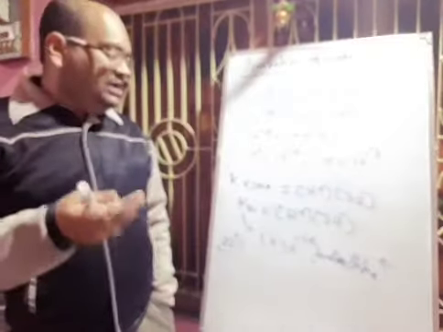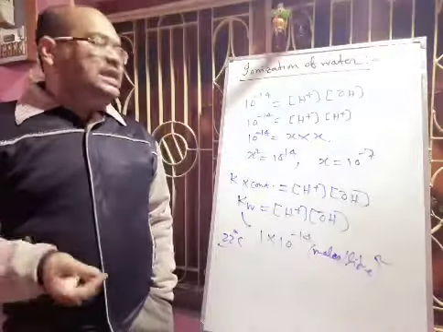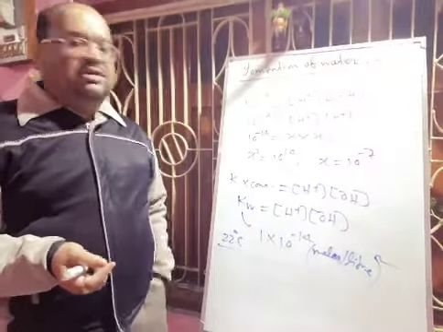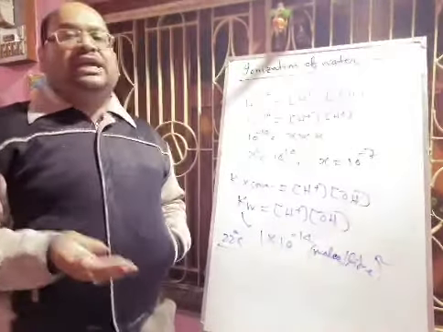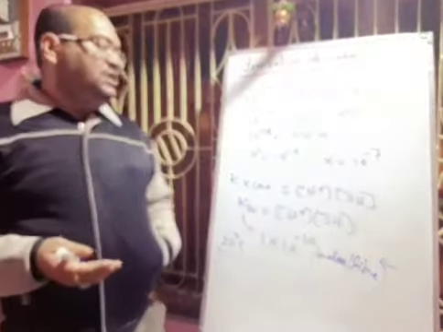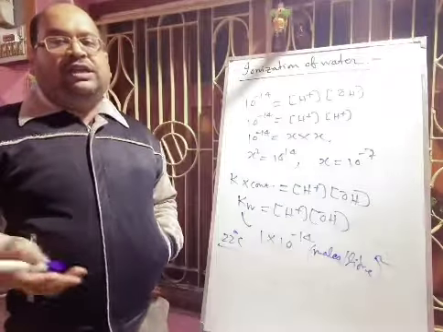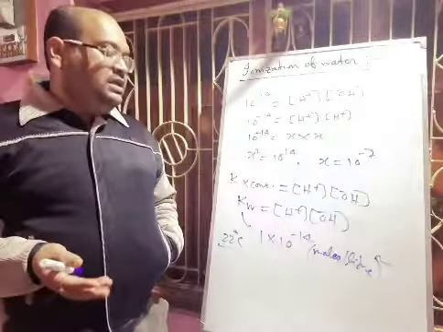And if you look at the table in your book, there you will get the dissociation constant, that means the ionic product of water Kw value, at 0 degree centigrade, 10 degree, 25, 30, 40. What you will observe is that the value will increase.